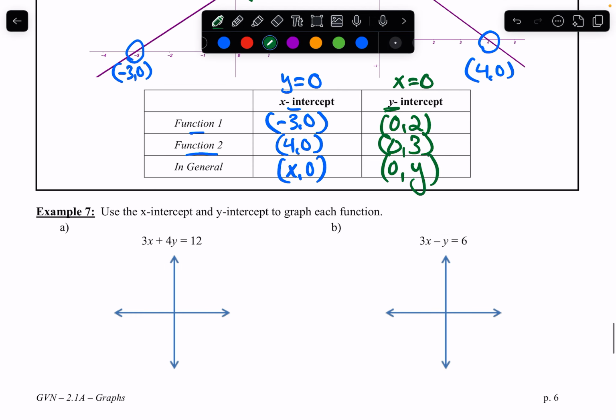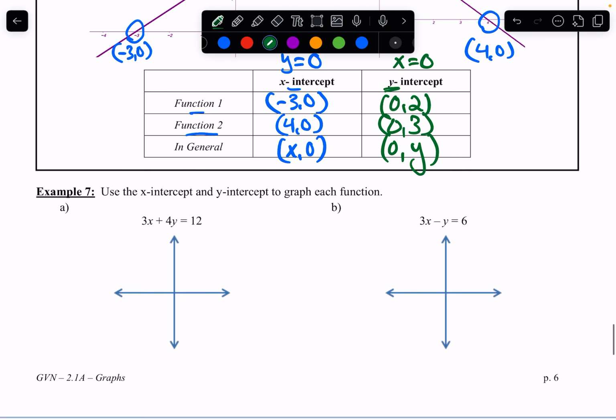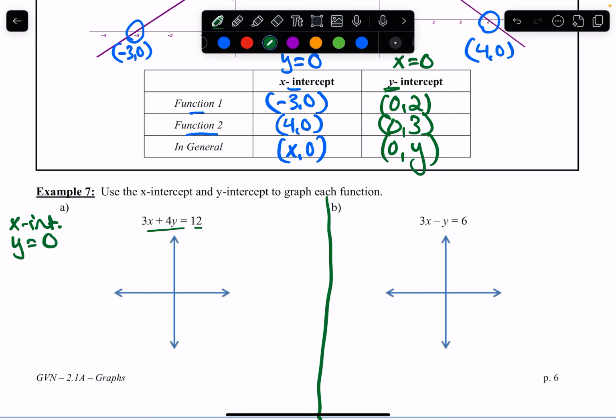In this next one, we're going to use the x-intercept and y-intercept to graph each function. We're going to find the x-intercept first. That means we set y equal to 0 for this one. So 3x plus 4 times 0 equals 12.